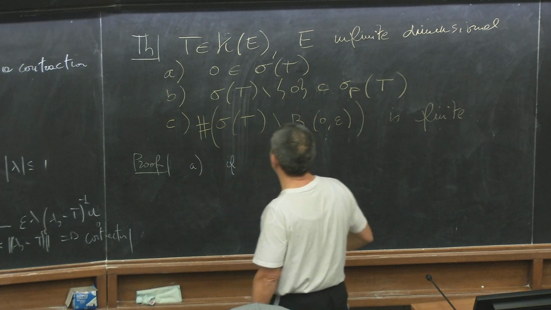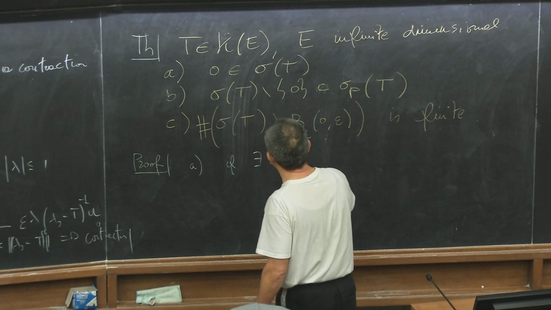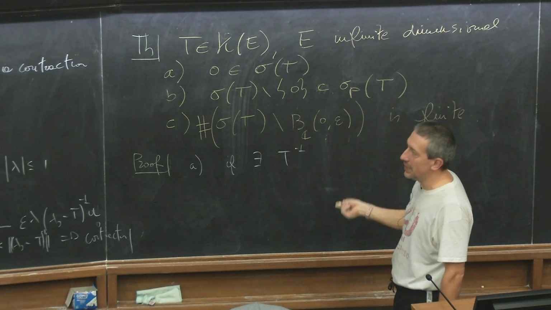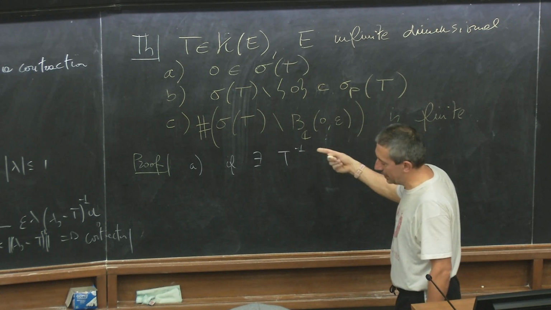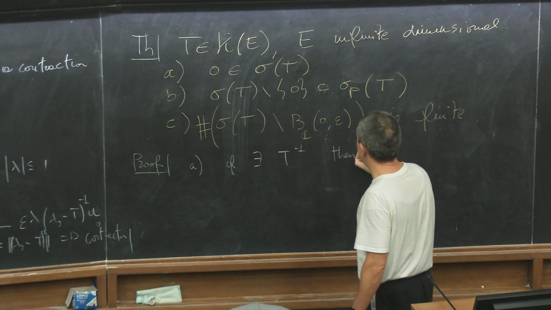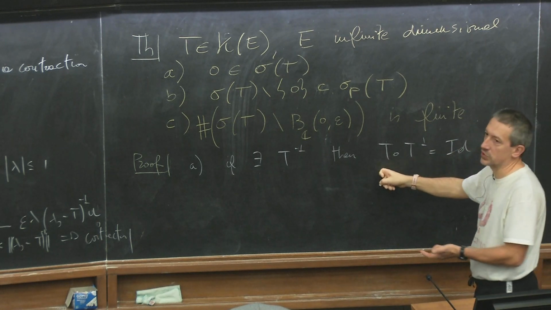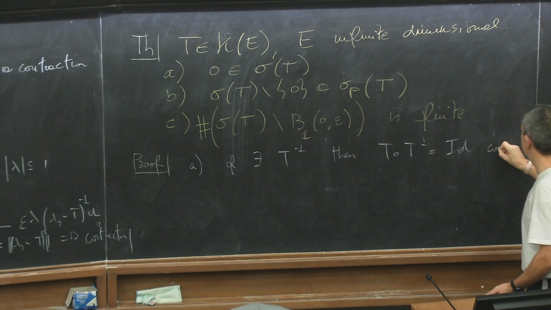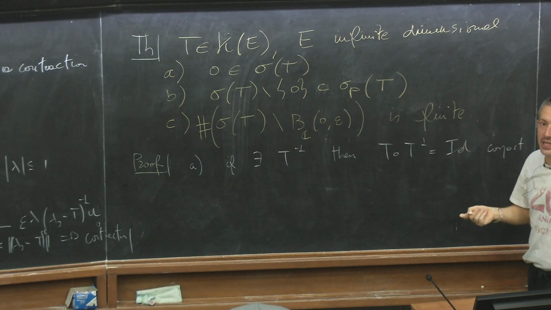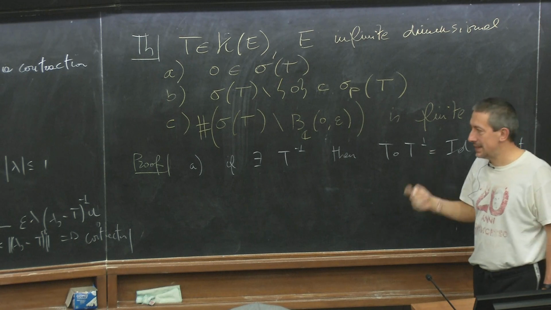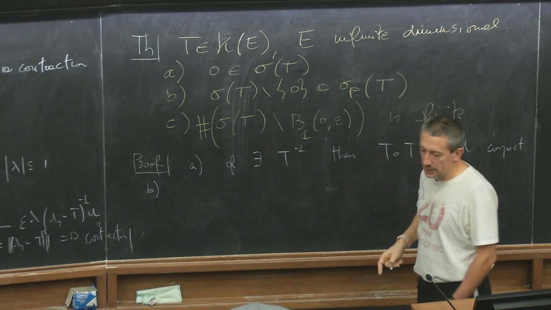If there exists T to the minus 1, which means that 0 is in the resolvent, then T composed with T to the minus 1 is equal to the identity, and it's compact because it's the composition. And the identity is also compact. But we know that if the space is infinite dimensional, the identity cannot be compact. So 0 can only be in the point spectrum.